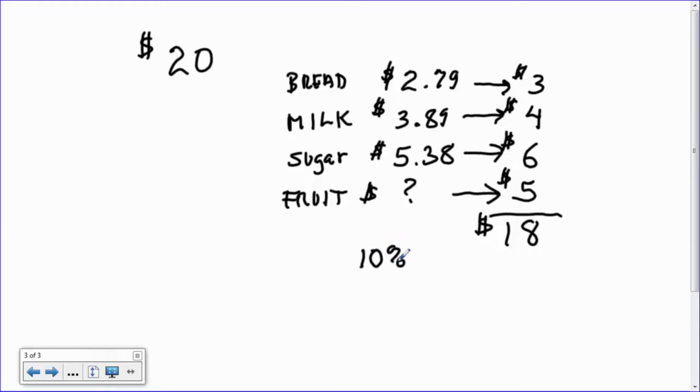And 10% of $18 is $1.80. And so what you know is this number is smaller than $20. It's, in this case, $19.80. But whatever the total is, it's got to be less than $20. And that means you've got enough money in your pocket to pay for that.